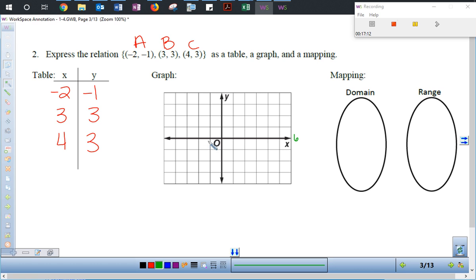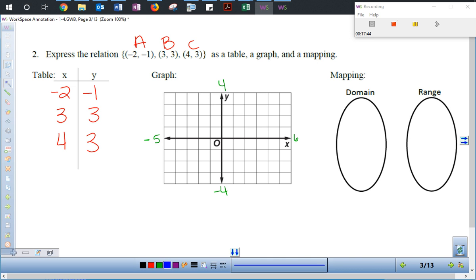So if I go this way, 1, 2, 3, 4, -5, so this is -5. Then if I go up, 1, 2, 3, this is 4, and down, -1, -2, -3, -4. If you would like to label each and every line, that's totally okay, but I just find this a little bit easier to look at, a little bit easier to read.